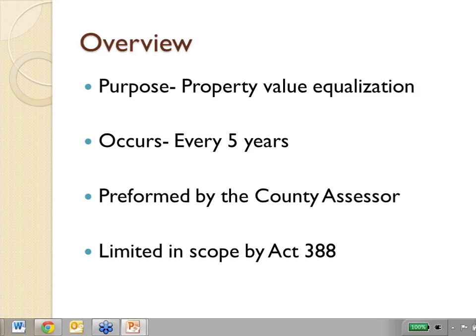Now, what this does in certain counties is create a kind of untenable political situation, because in a lot of areas the biggest drops in valuations have been in the second home market and the resort home market.